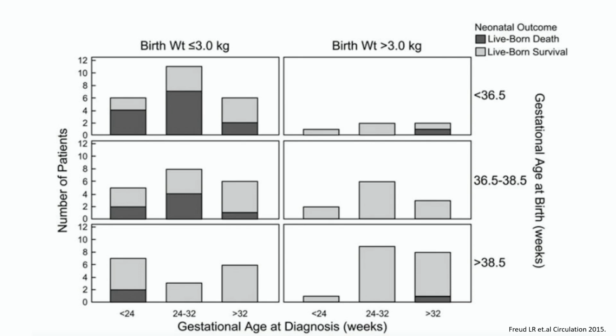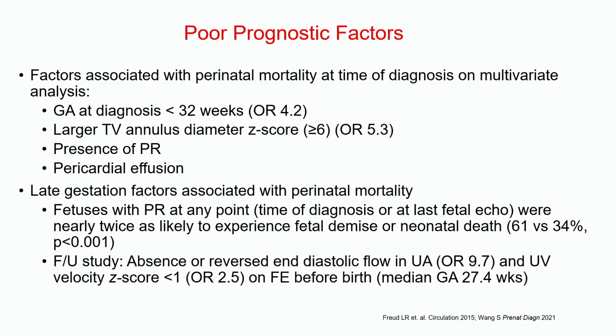You can see that when you're small, you're much more likely to die when you have Ebstein's anomaly of the tricuspid valve. That was especially true if you were born prematurely, and as you got more mature, there was less risk of death. So prematurity is definitely a risk factor for a poor outcome.